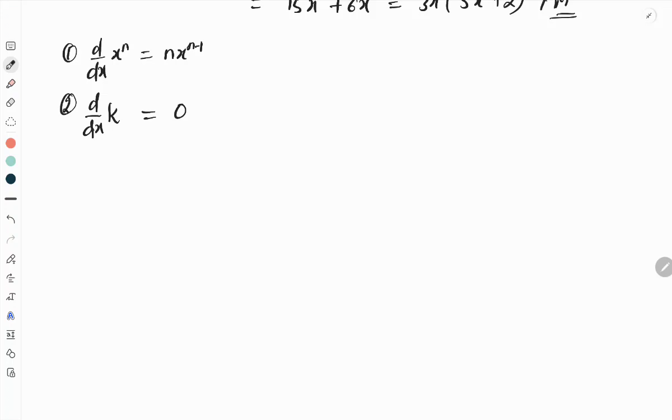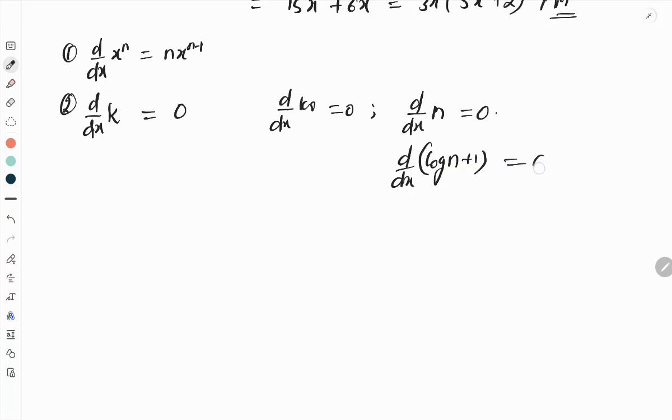Like dy/dx of 100 will be 0. dy/dx of n, n is a number, it will be 0. Let's say dy/dx of log n plus 1. So log n is also constant and plus 1 is also constant, the total is constant, total differentiation will be 0.